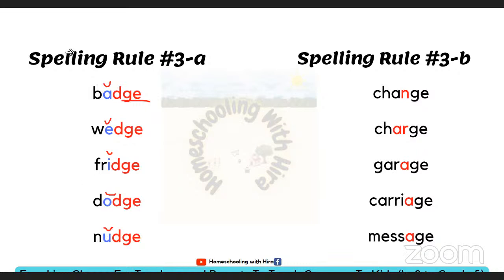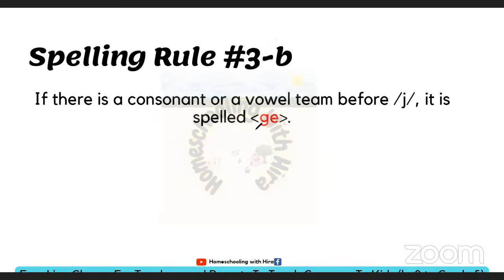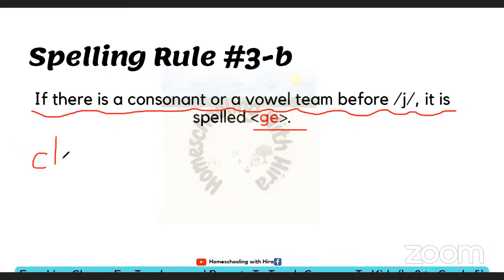Let's go back and see the GE rule. When do we write GE at the end? GE to make the j sound. If there is a consonant or a vowel team before the j sound, it is spelled GE. For example, C-H-A-N. This is a consonant, and now we have the j sound.